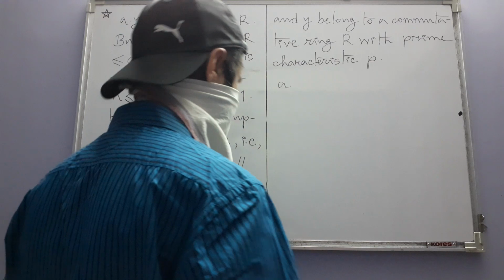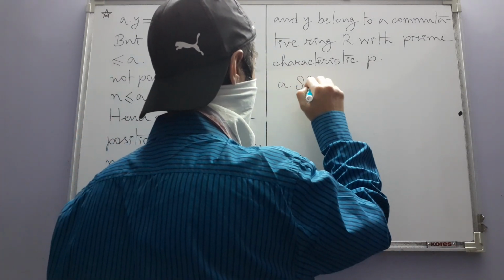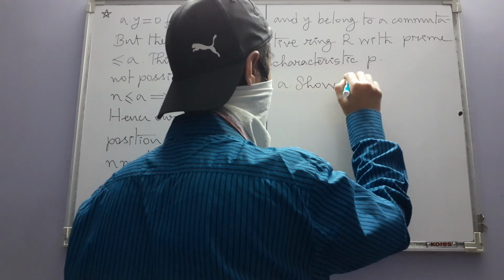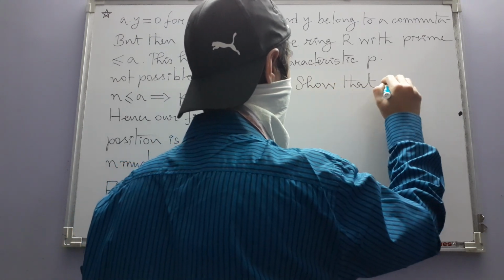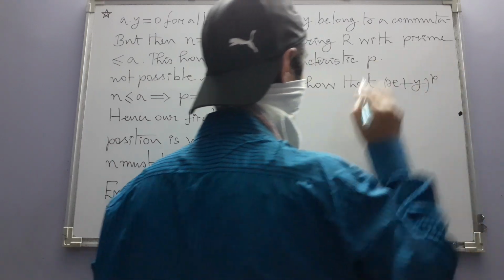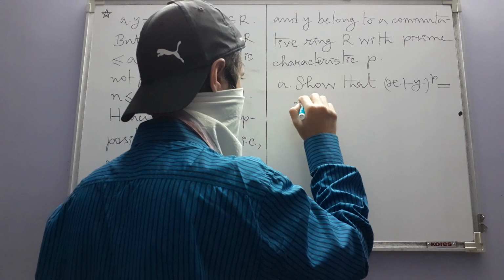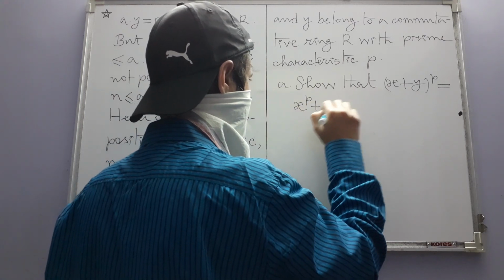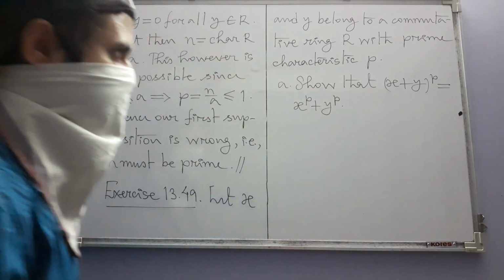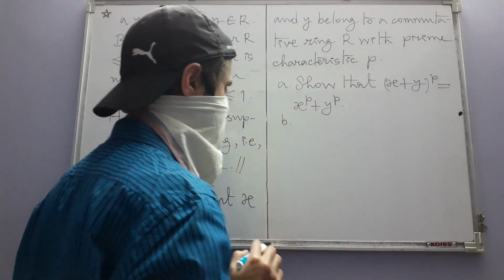Then there are three parts. Show that X plus Y whole to the power P is this. Part B is a generalization of this.